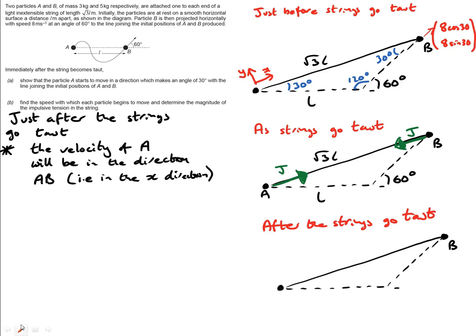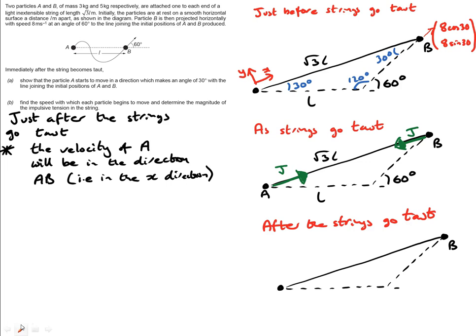Now we want to think about what happens after the strings go taut. So after the strings go taut, the velocity of A will be in the direction of AB because its initial velocity is 0. It's experiencing a jerk along the string.